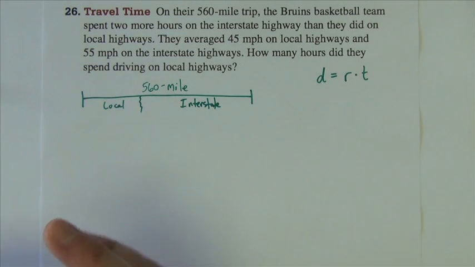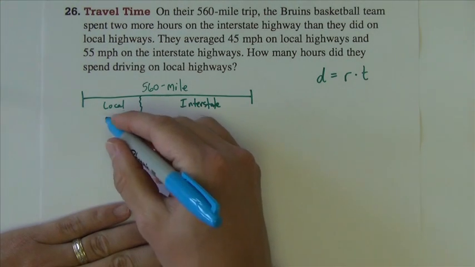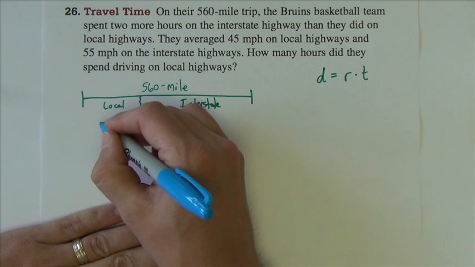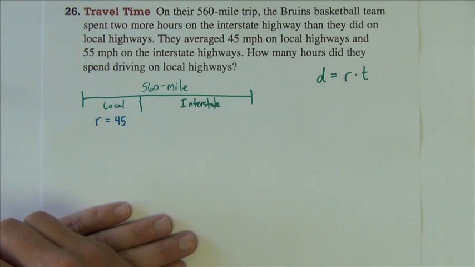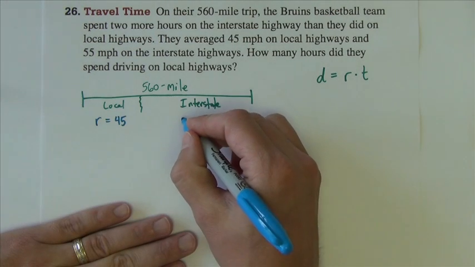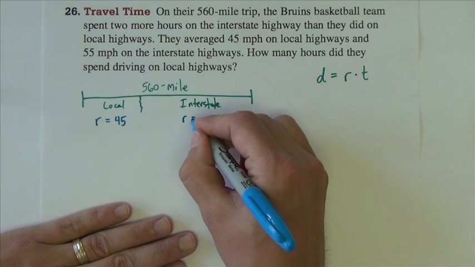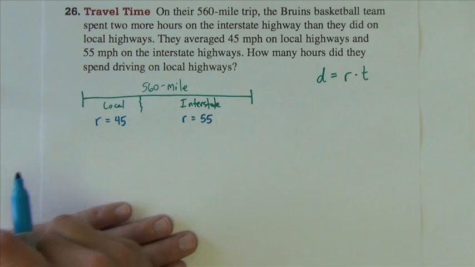Okay, so what do we know about the time spent on each of those respective types of highways? Well, we know that on the local highways we had a rate of 45 miles per hour, and on the interstate we averaged a rate of 55 miles per hour.